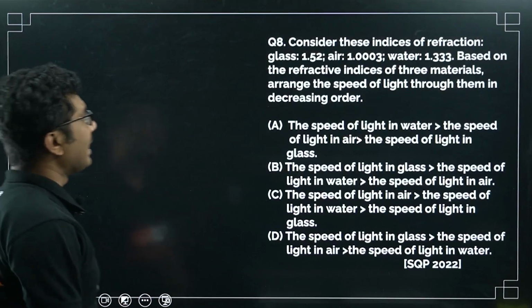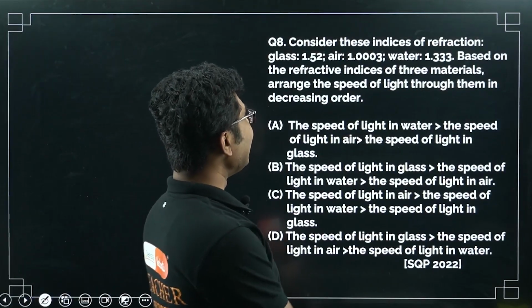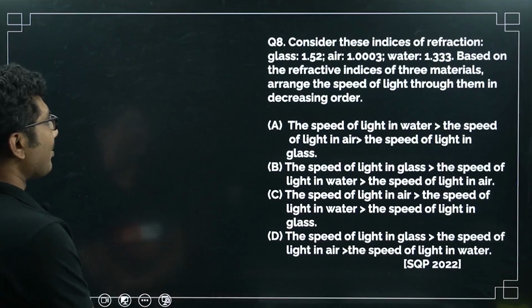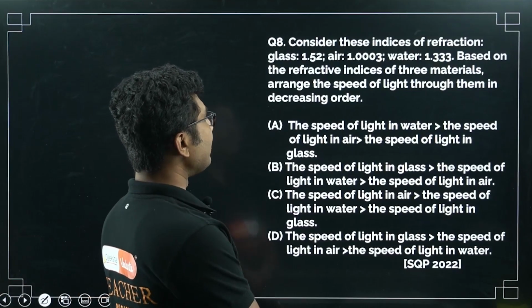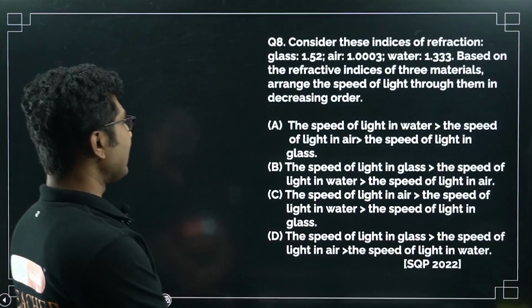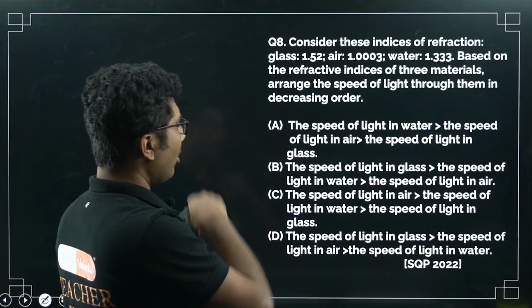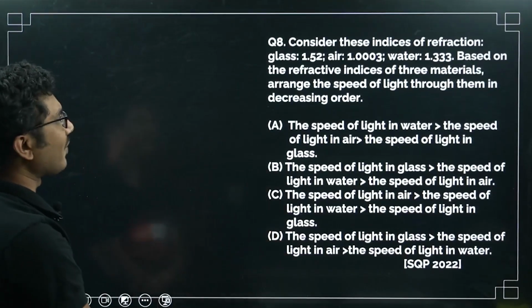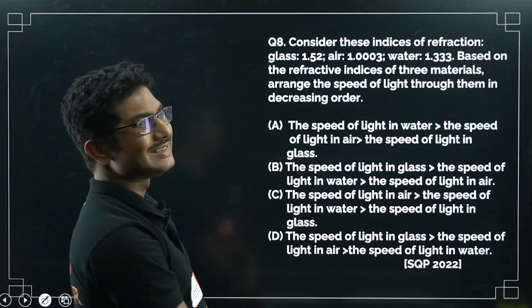Next, question number 8. Consider these indices of refraction: glass 1.52, air 1.0003, water 1.333. Based on the refractive indices of the 3 materials, arrange the speed of light through them in decreasing order.